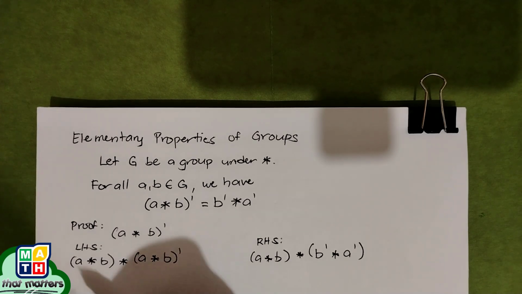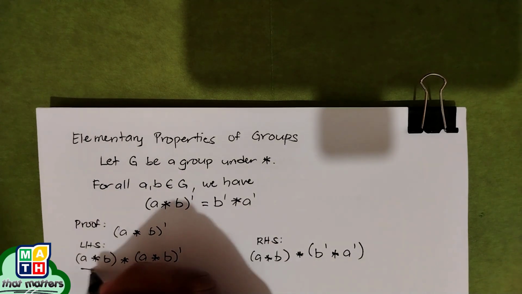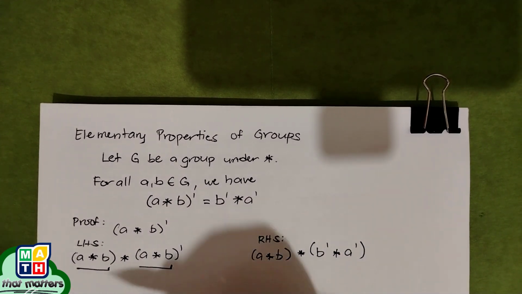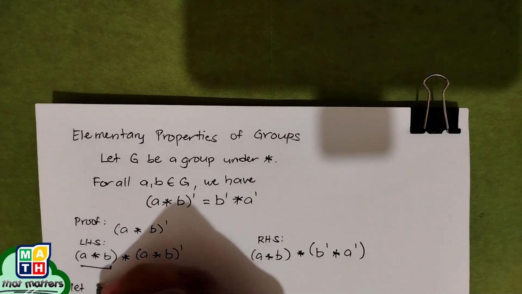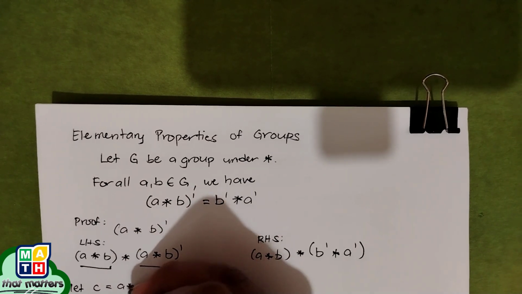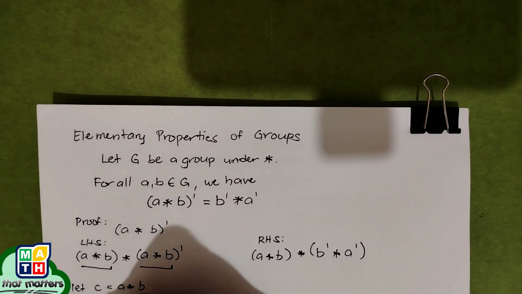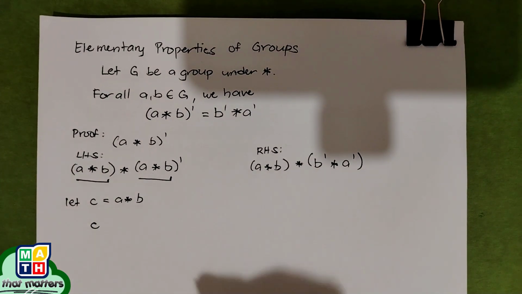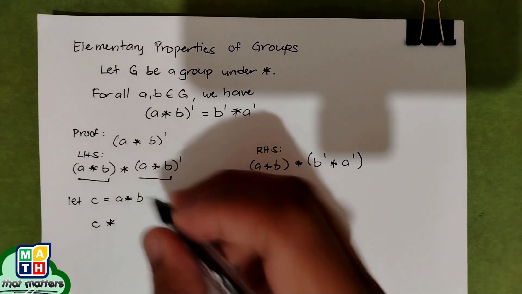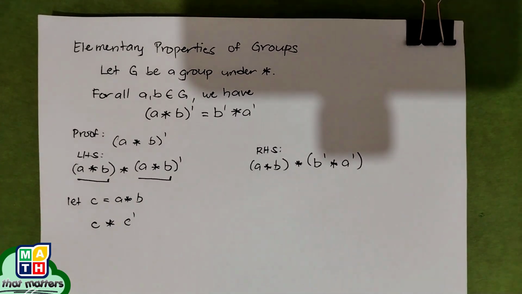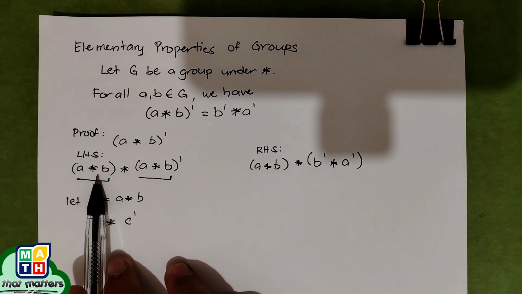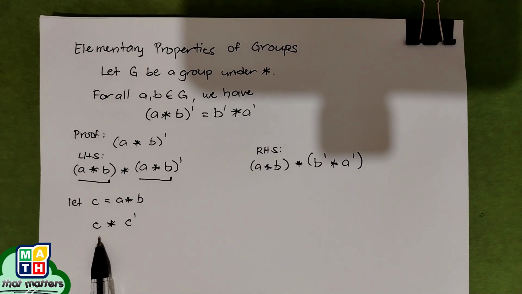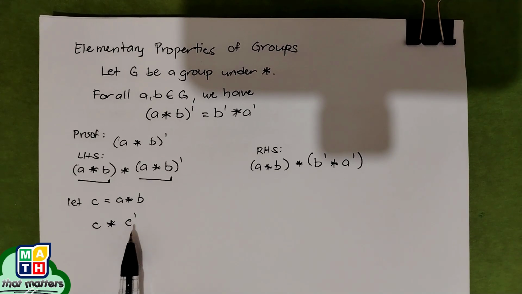So what does this mean as we take this whole on our left hand side? Let C be the result of A star B, then you will have C star C inverse on the left hand side, as we let C be equal to A star B. What is the result if we have C operated with its inverse?